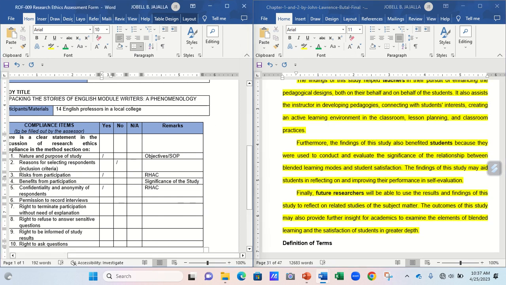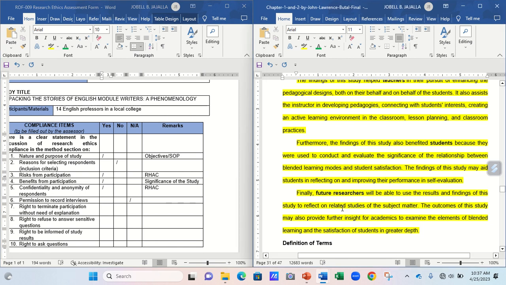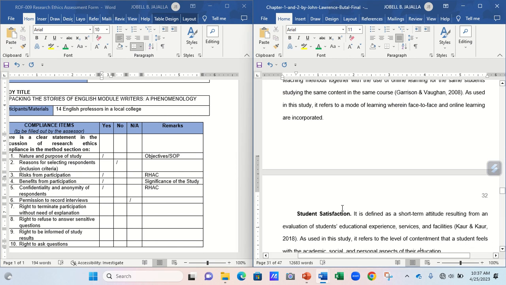So, tarongon lang nato explain. Permission to record the interviews is wala man tay interviews, no, na i-conduct. Pasabot ana, dili na to siya i-comply sa quantitative kay dili man siya applicable. Wala man tay interviews. Now, diri ata sa right to terminate participation, right to refuse.